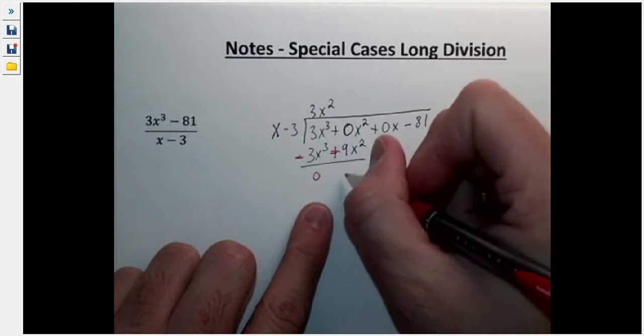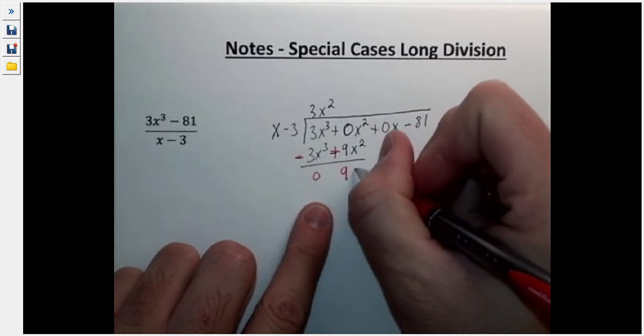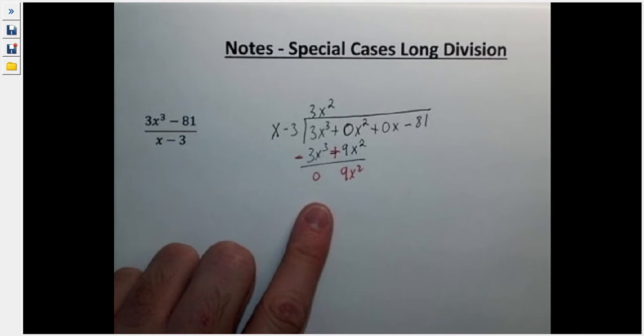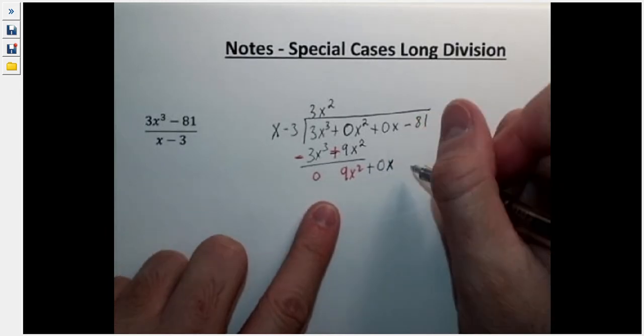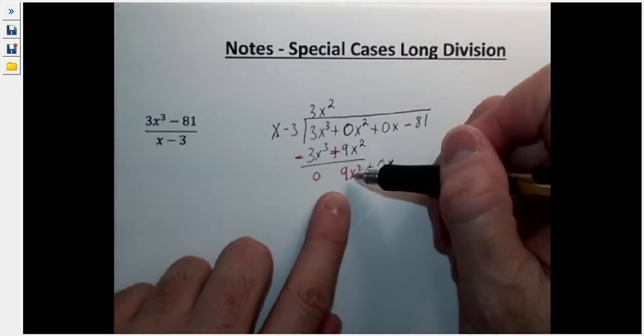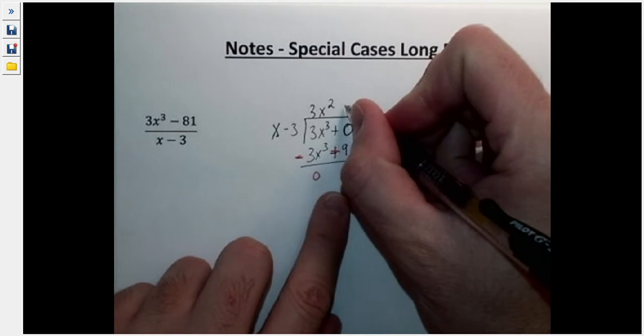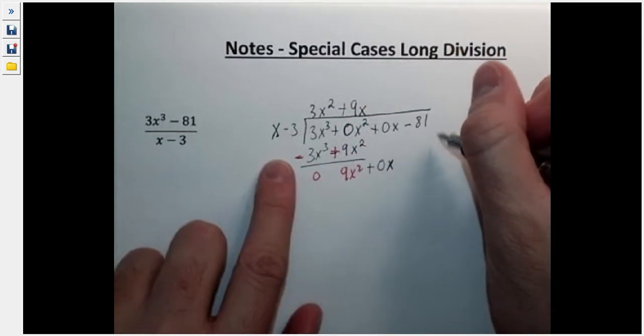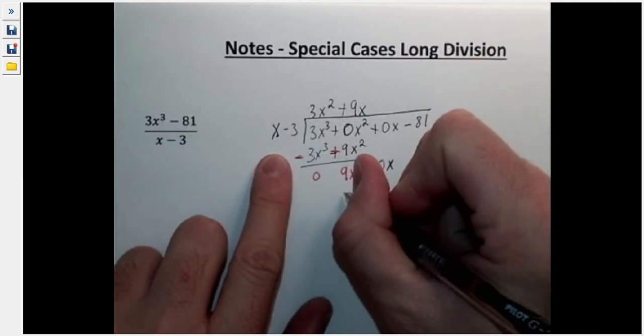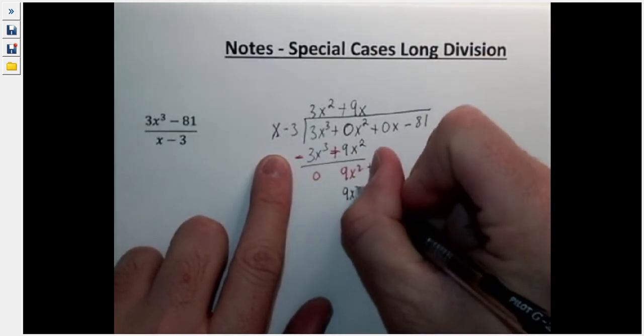And then here, you're going to get positive 9x squared. And then we bring down our next term, our 0x. And now again, x times what will give me 9x squared? That's positive 9x. So 9x times x is 9x squared.